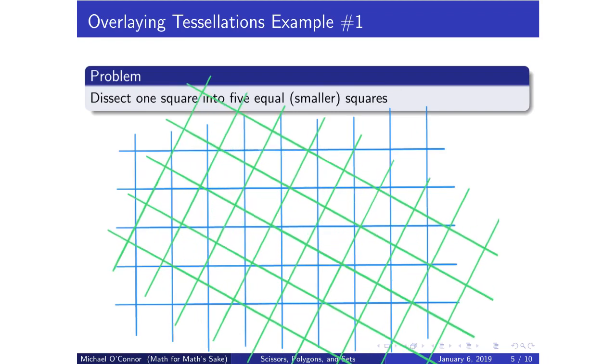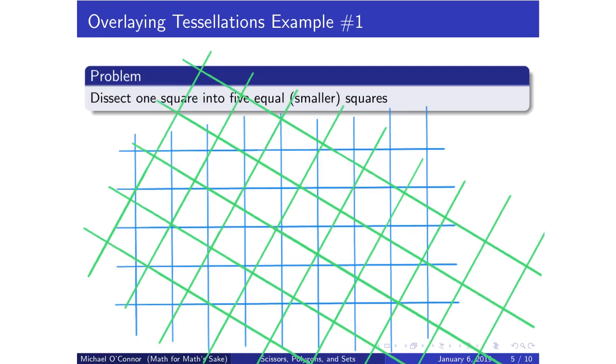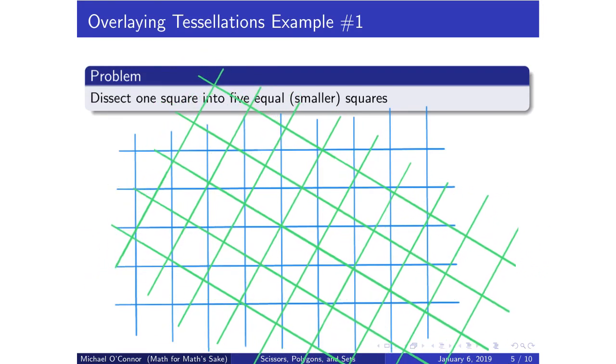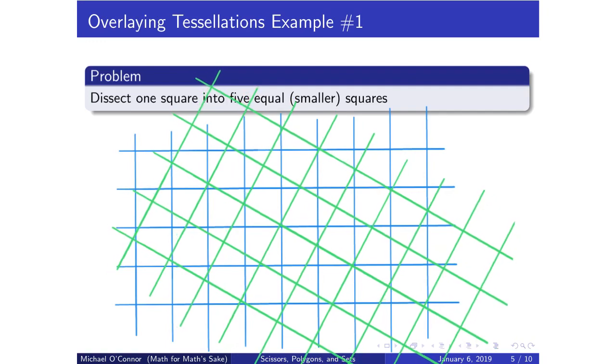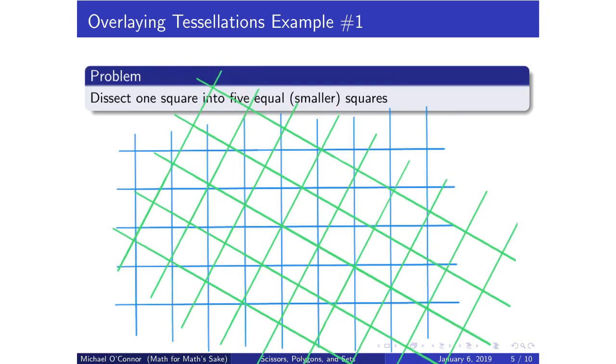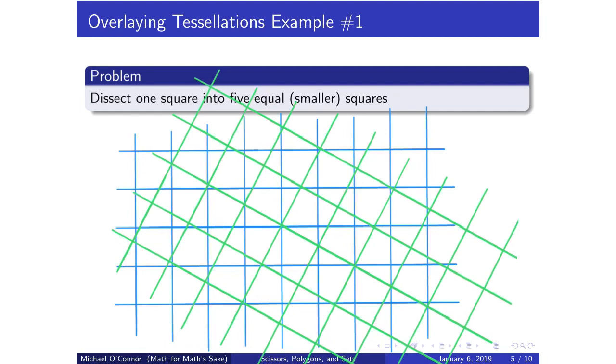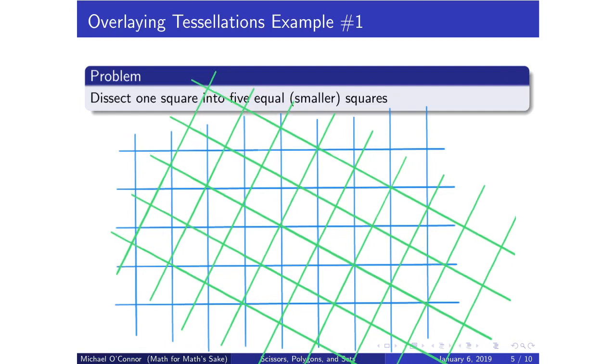The idea is we want to overlay these two on top of each other so that they have the same repetition pattern, and so that we can allow one to induce cuts in the other to get the dissection we want.